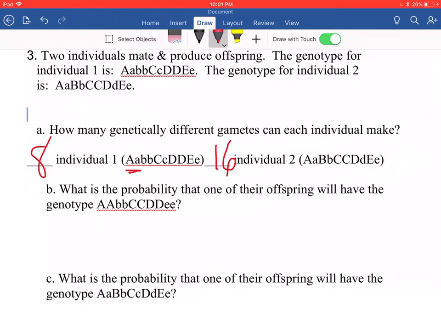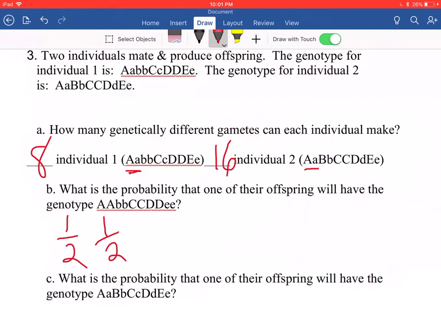What is the probability that individual 1 is going to pass on big A to its offspring? Now it only has 2 shots. It can either pass on big A or little a. So we know that that probability is going to be a half. Now if we look at the probability of individual 2 passing on that big A, it's also a half.